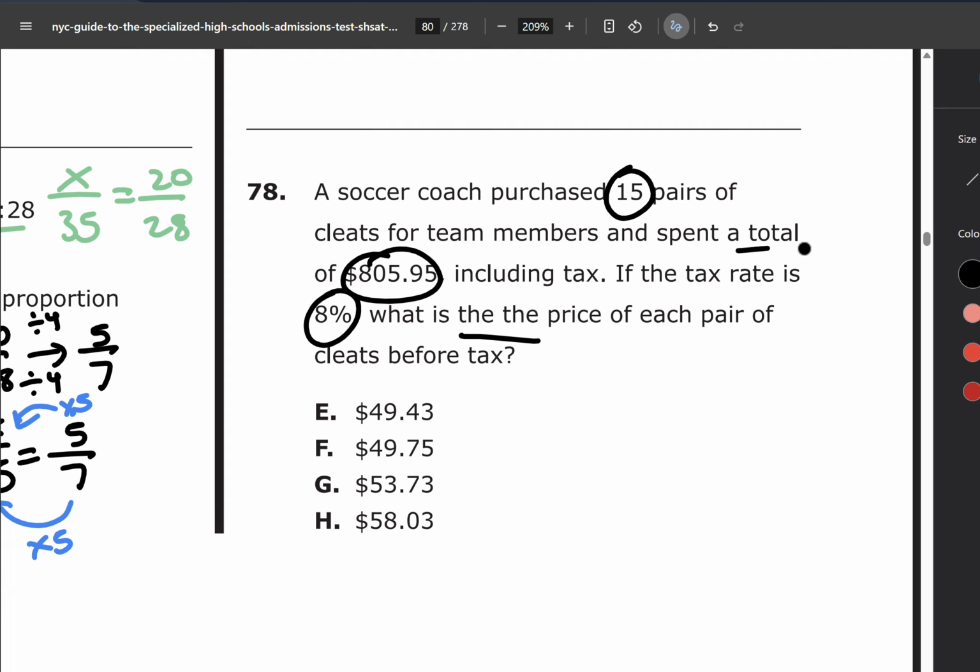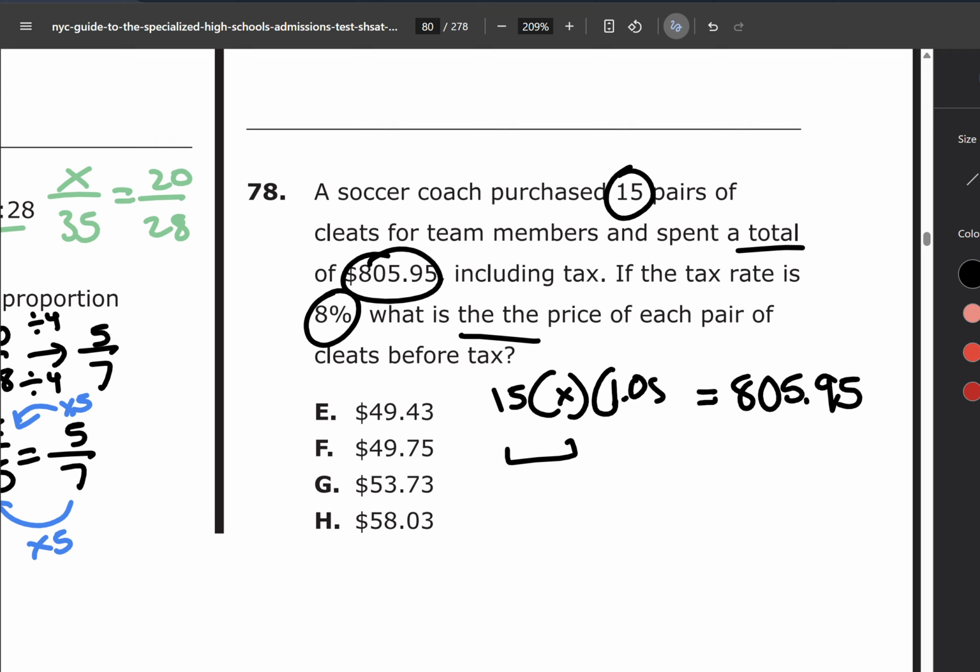So we know the total is 805.95. That kind of gives us a hint that our whole equation is going to be equal to that and just that. So we're buying 15 pairs, and the price of each pair, we don't know, that's the problem. So 15 times x. And then whatever value this is, we're paying 1.08 times that amount.